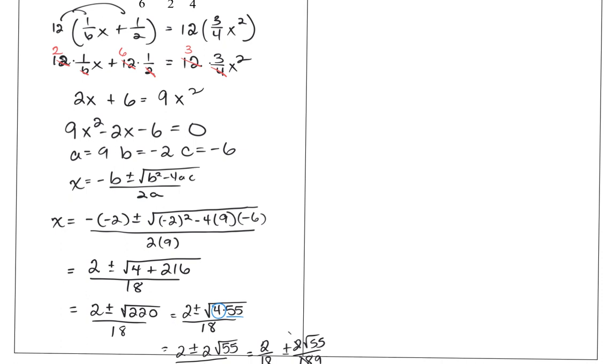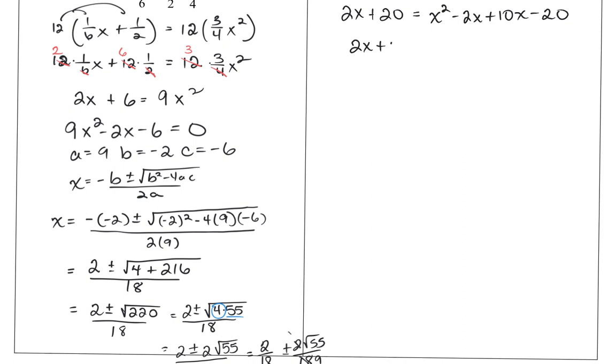Okay, now this one is a mess, right? So we've got to do some cleaning up first. We need to distribute over here, so 2x plus 20. Over here we need to FOIL, right? We're going to get x squared minus 2x plus 10x minus 20.